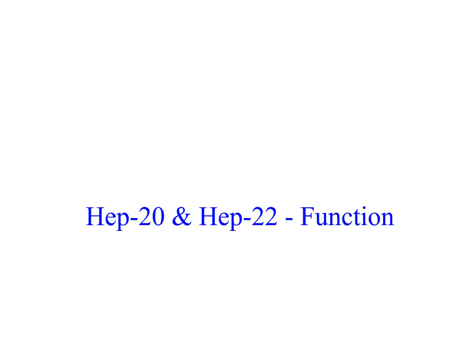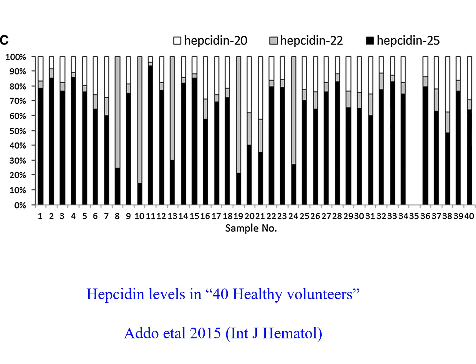Important as well is that even though we still don't really understand what the function of Hepcidin 22 is completely, we certainly are using it as a diagnostic tool, and there was a very nice study published back in 2015 when a Japanese group got a group of 40 healthy volunteers, and they measured Hepcidin 20, 22 and 25.